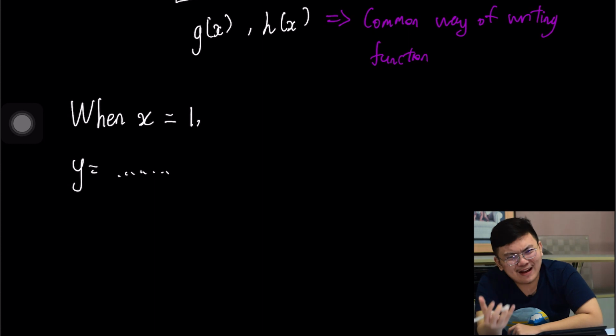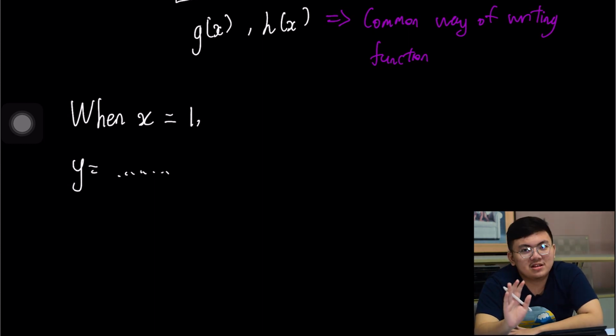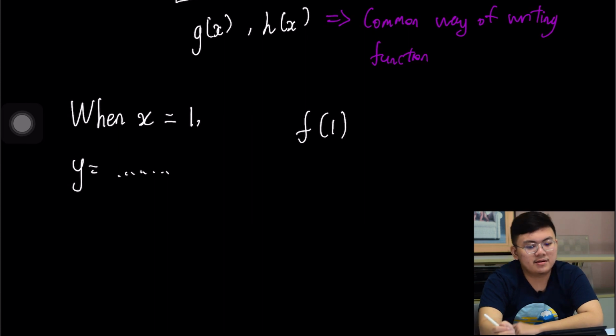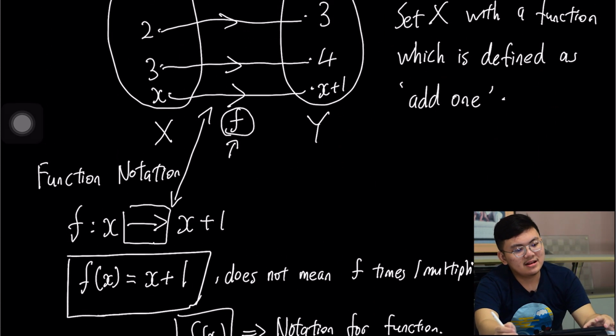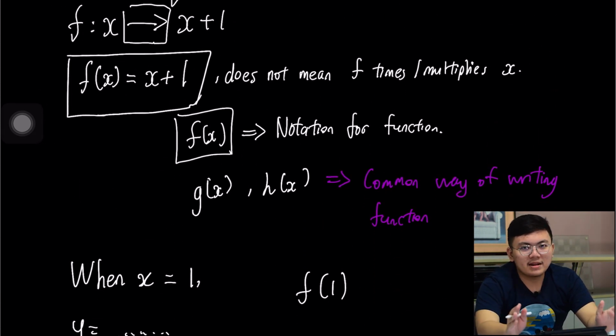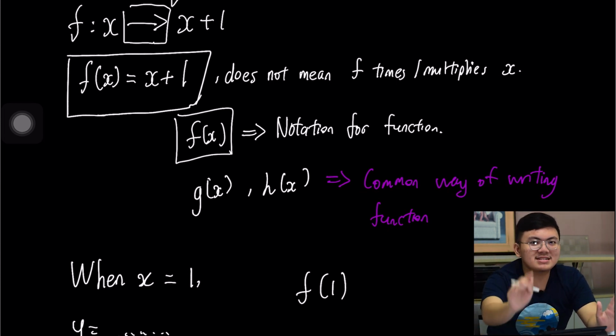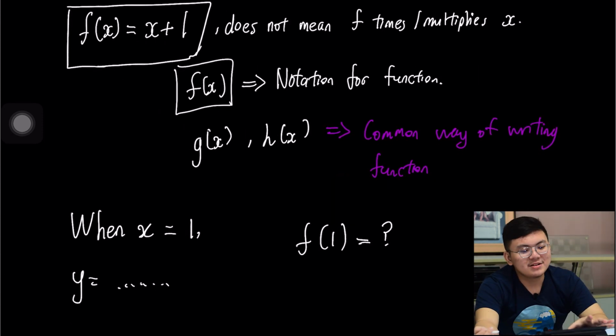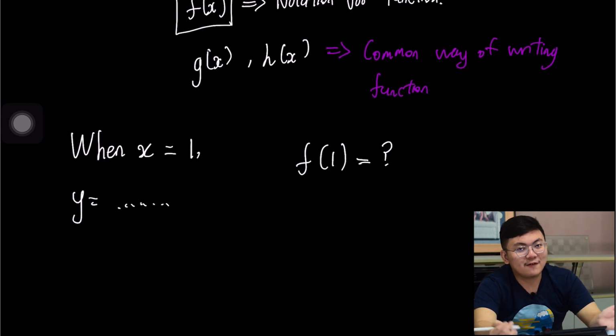But when you have f(x), we do not need this anymore. We just need to write f(1). So what does it mean? It means 1 is put inside the function, and then we need to find the outcome. The output is f of 1.